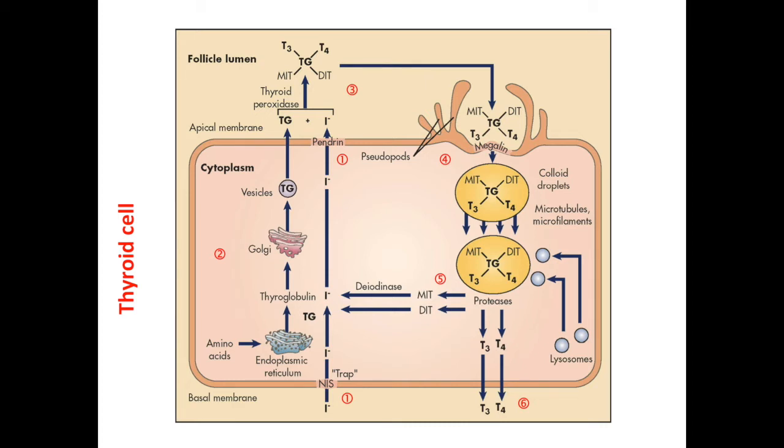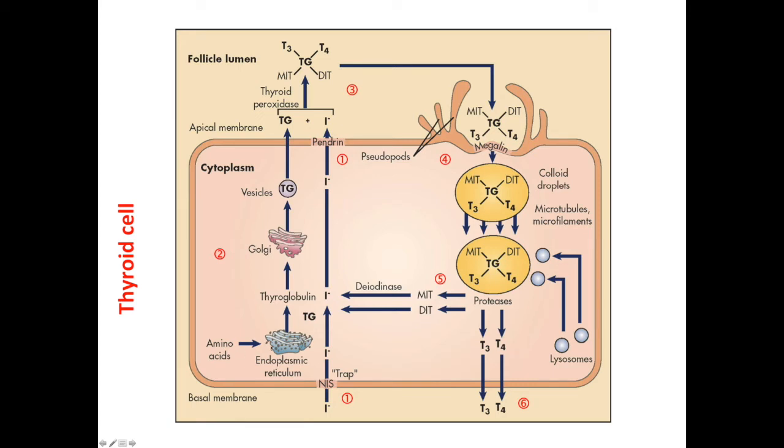And then it's transported through the cytoplasm and into the follicular lumen using a transporter called pendrin that passes iodine across the apical membrane into the follicular lumen.